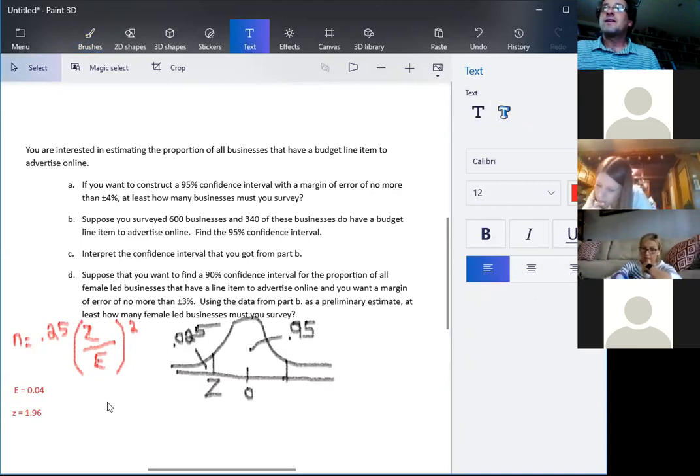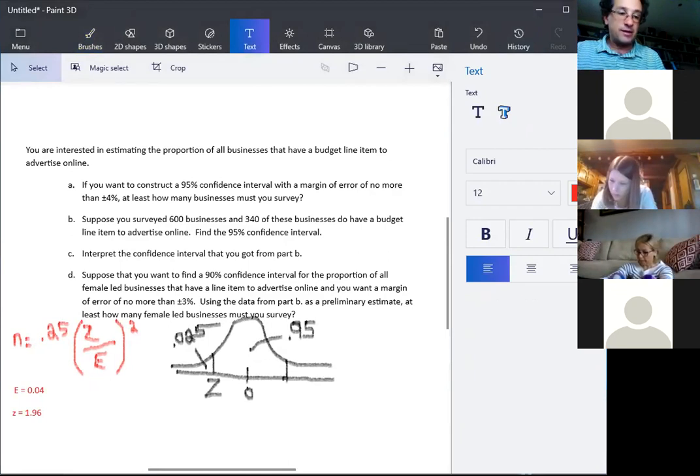Cool. Okay, so now it's a very basic calculator. I don't think I need to share my desktop to explain how to put those numbers in a calculator, but I'm going to stick them in anyway. 0.25 times, I'm actually not even using the fancy calculator, I'm using Google's, times 1.96, divided by 0.04 quantity squared, and you get about 600.25.